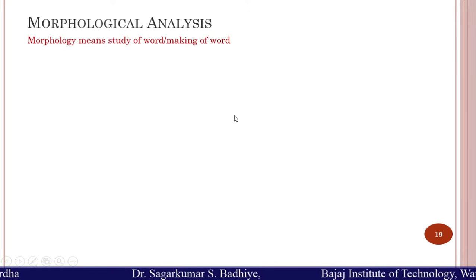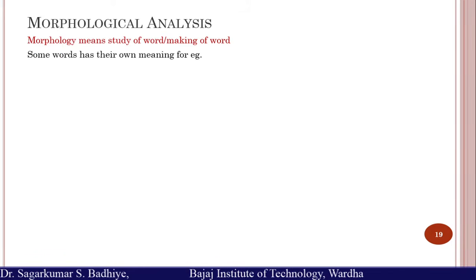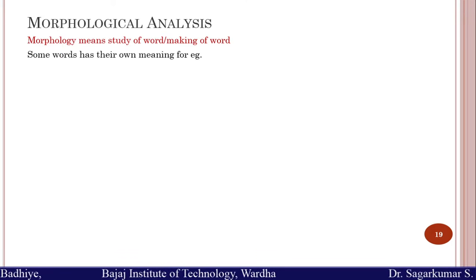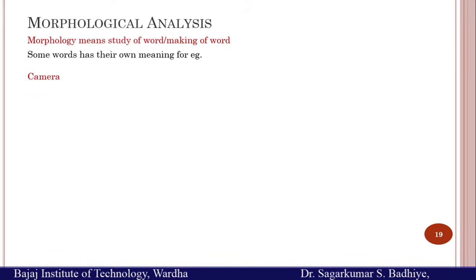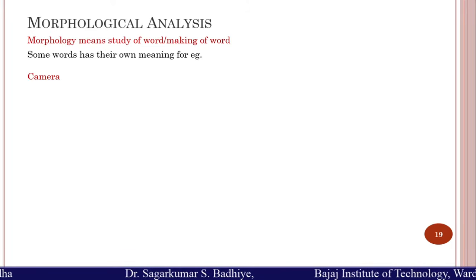And then morphological analysis is nothing but the study of how the word is made, or the making of words. There are different kinds of words, amongst which some words have their own meaning. Right? For example, camera. These kinds of words produce an image of an object or that particular thing in your mind when you just hear or read that particular word.